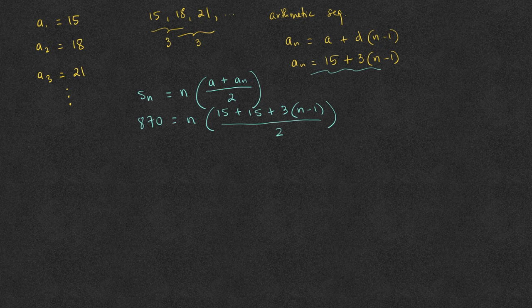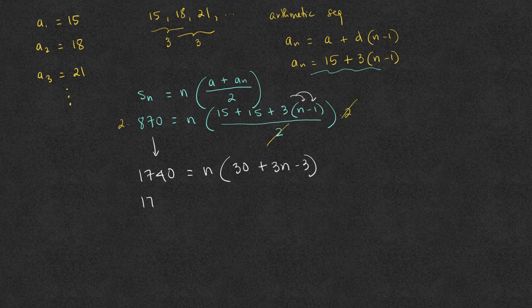First, we see that we can multiply 2 to both sides of the equation to get 870 times 2, which is 1740, equals n times 15 plus 15 is 30, plus distribute 3, we get 3n minus 3. And we multiply 2 to both sides of the equation, so the 2 cancels the 2 already.